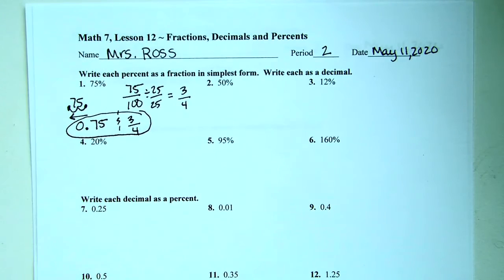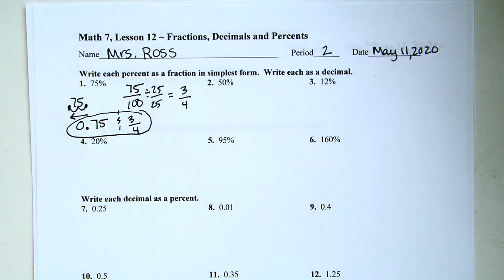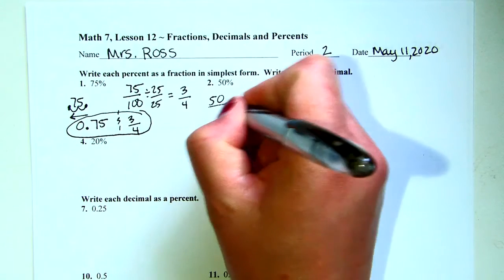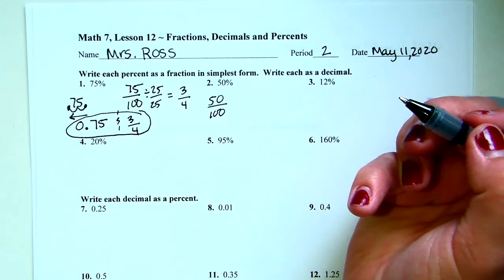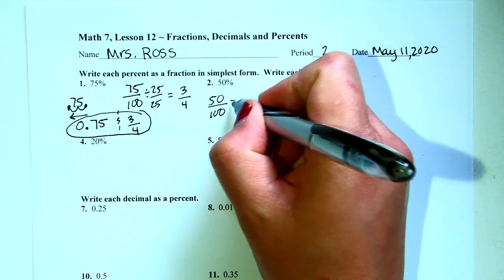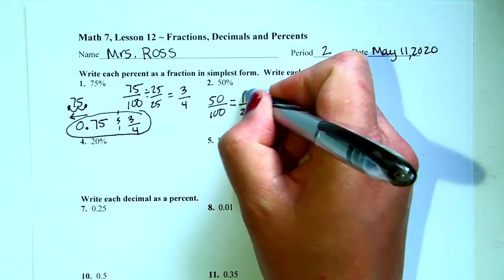All right. Next, once again, we've got 50%. Write each percent as a fraction. 50% as a fraction is going to be 50 over 100 because we dropped the percent, we put 100 underneath. 50 is half of 100, so my fraction can be reduced to 1/2.